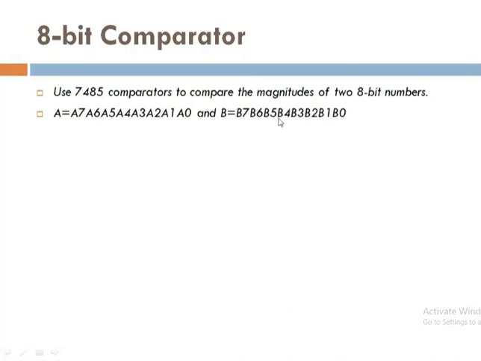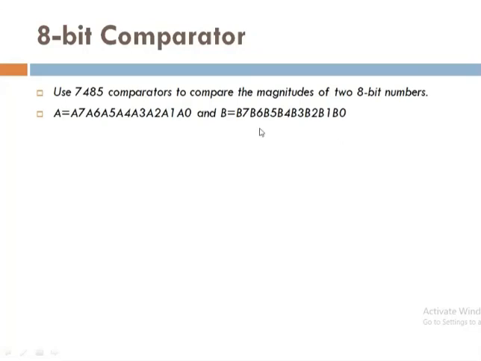So which number will be greater? In that case, A is less than B, because A is 1 and all the remaining 7 bits are 0, while B7 and B6 are 1 1 and the remaining bits are 0. So from that binary stream we can say that B is greater than A.